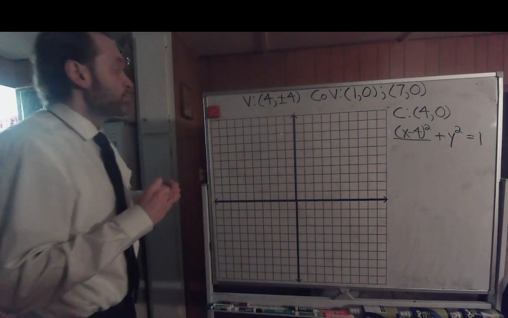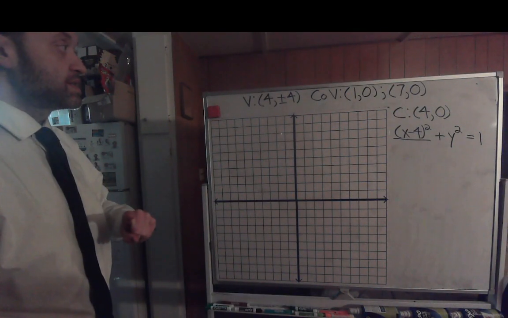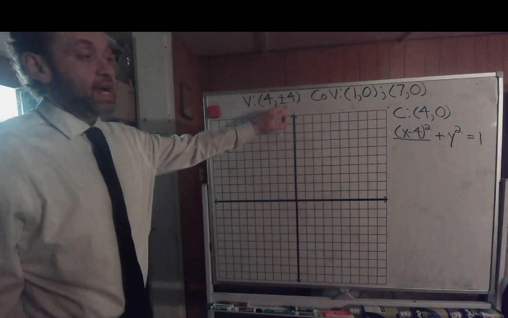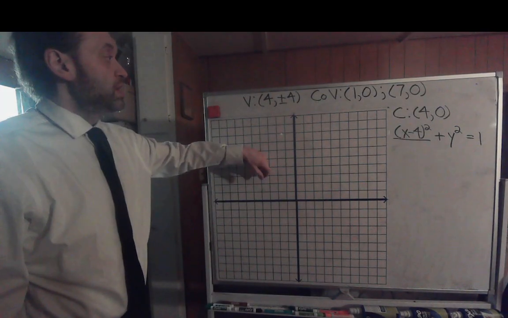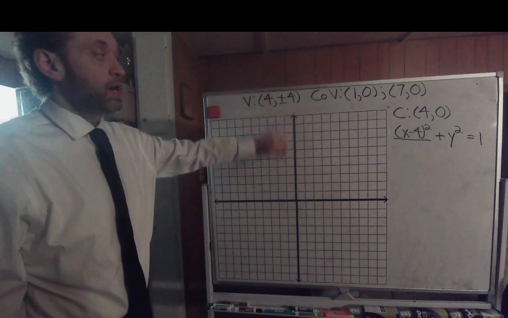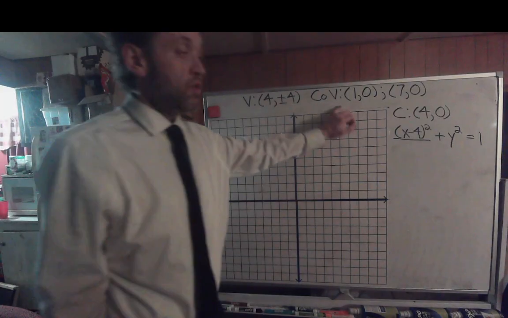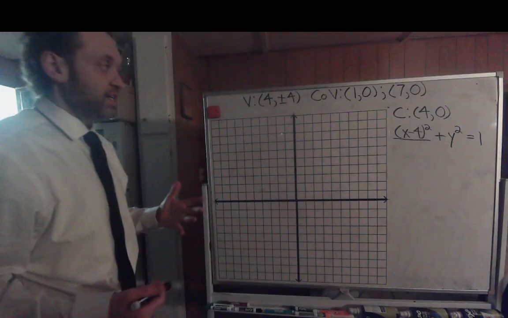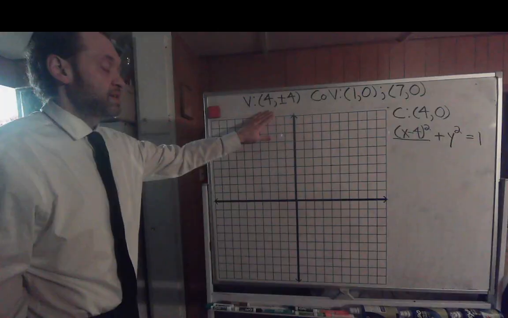Now, which axis is your major axis? It actually would appear that the y-axis is your major axis, because you have (4, -4) and then (4, 4), which is a distance of 8. You have your co-vertices from (1, 0) to (7, 0), which is only a distance of 6. So the y-axis is definitely your major axis.